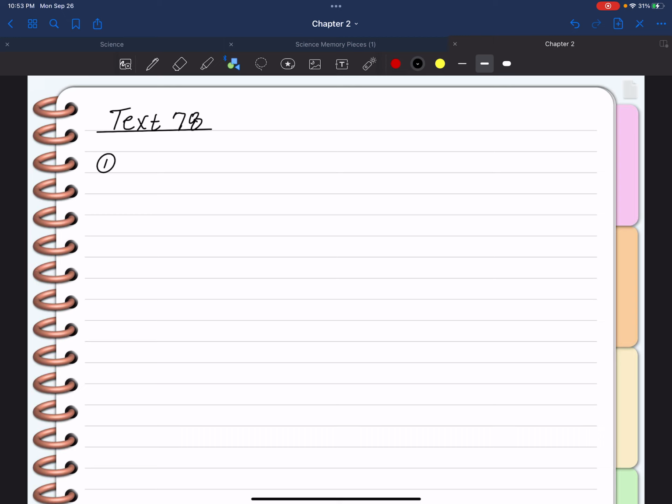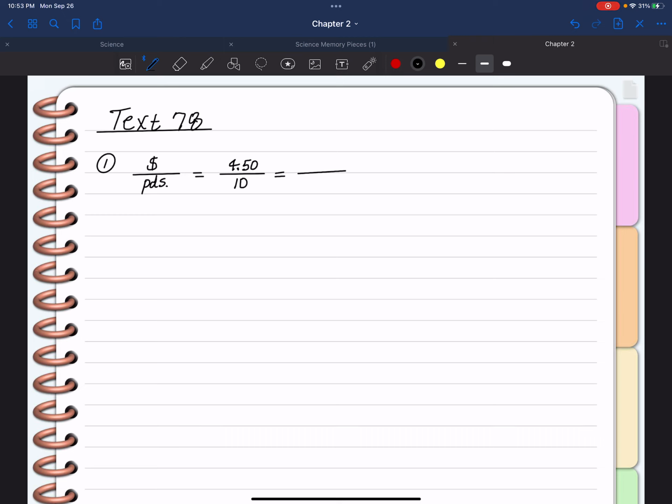Amber bought 10 pounds of potatoes for $4.50. What is the price per pound of potatoes? So this one is a proportion. It is really a unit rate, but I'm going to treat it as a proportion. So we're comparing dollars to pounds. $4.50 for 10 pounds.